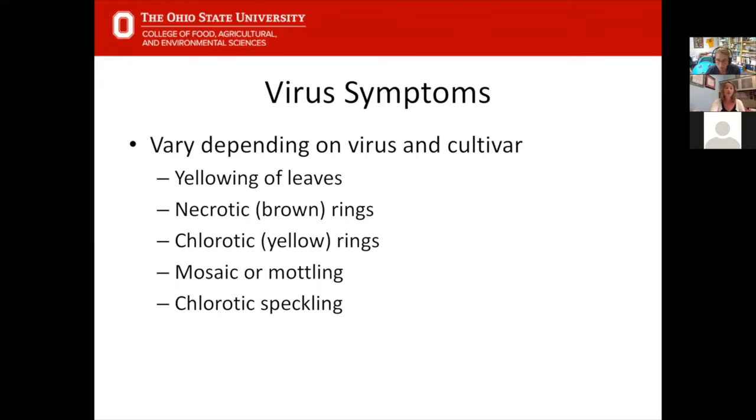You can get necrotic or browning ring spots, chlorotic yellow rings, mosaic or mottling, and then chlorotic speckling, which are little pinpoints of yellow dots all over the leaf.